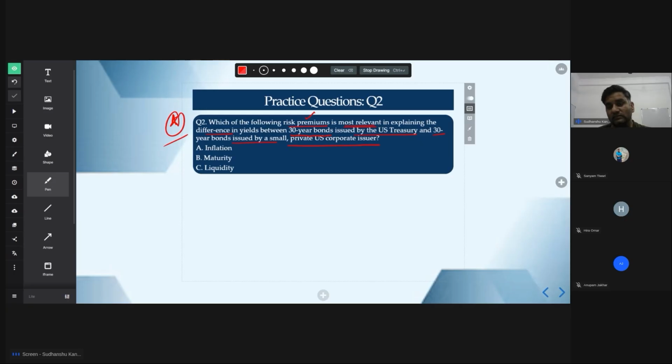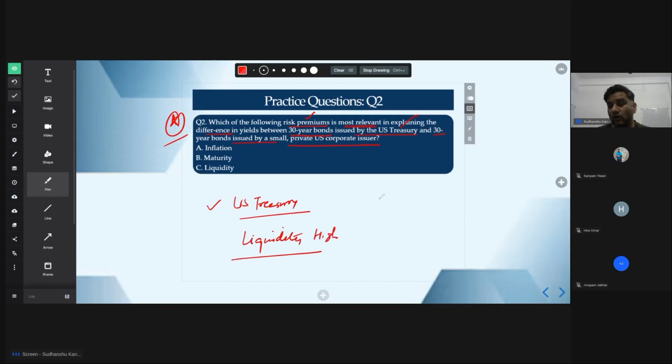Now, in this case, one bond is of US Treasury. US Treasury is basically US government bonds, right? The Bloomberg screen which I showed you was US Treasury, right? So that is very liquid because there are a lot of participants. Liquidity is very high, right?